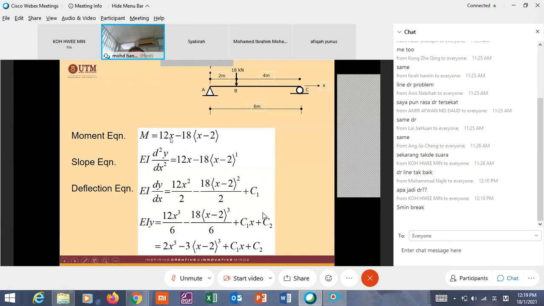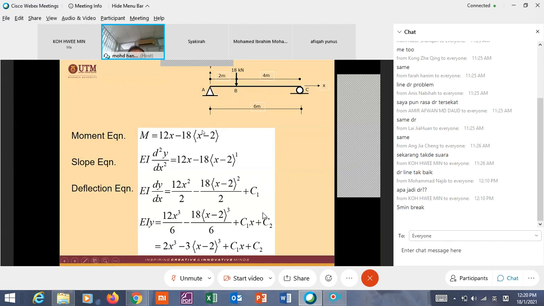You have only 12x. Or we can say, if in this bracket the value is negative, we neglect this one. If in this bracket the value is negative, we neglect the second term. Can you understand?